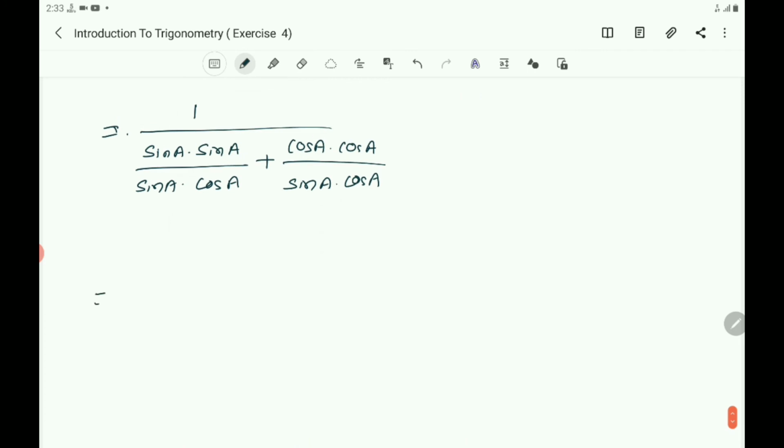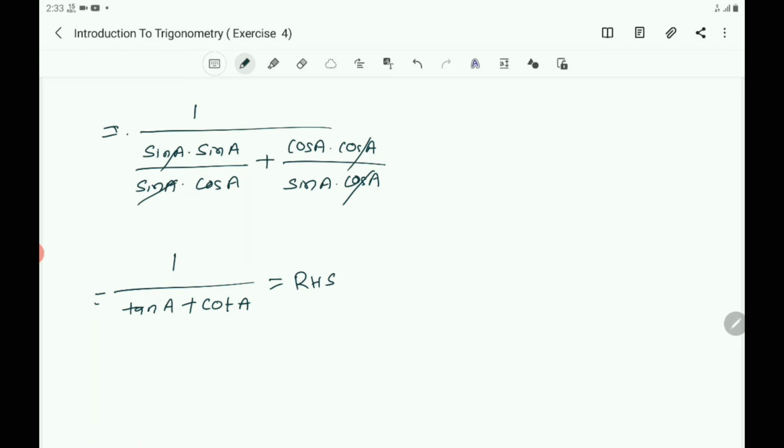That equals, here sin A cancels, sin by cos is tan, you know. So write 1 by tan A plus, here you know that cos A cancels, cos A by sin A is cot A. So you got that 1 by tan A plus cot A, that is nothing but RHS.